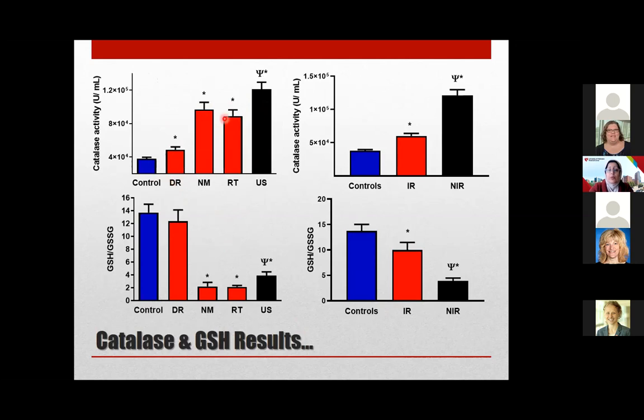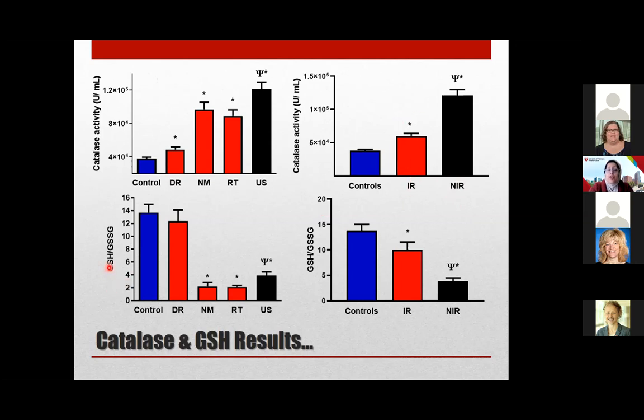When we pool the ionizing radiation settings together, the ionizing radiation group has a significant increase compared to the control, and the same with non-ionizing radiation. However, non-ionizing radiation is more significant as compared to the ionizing radiation group.